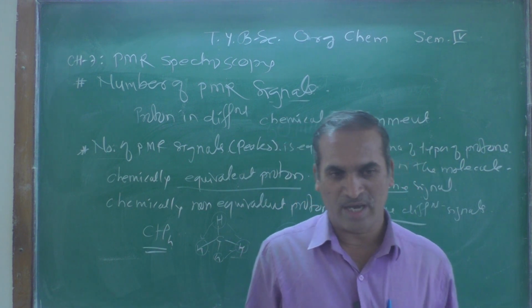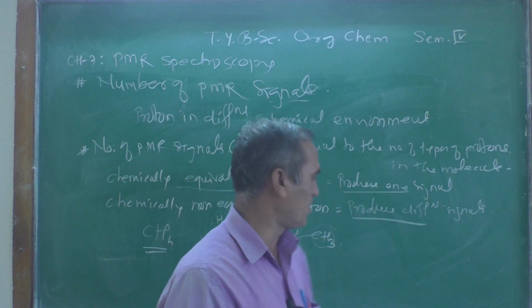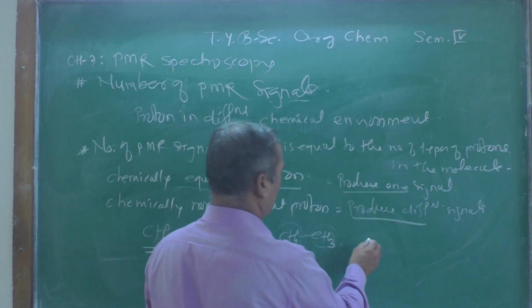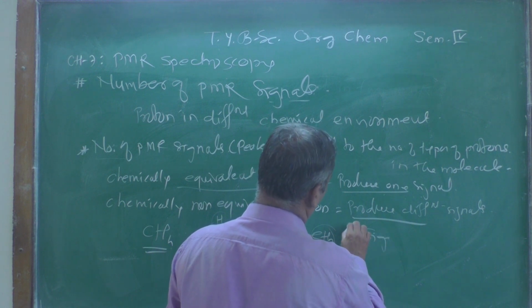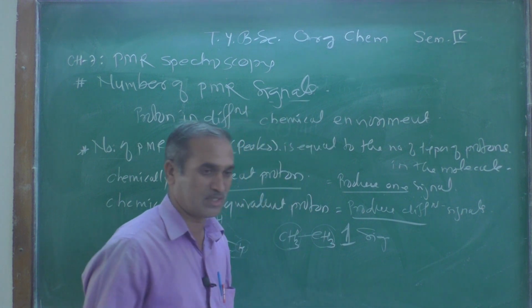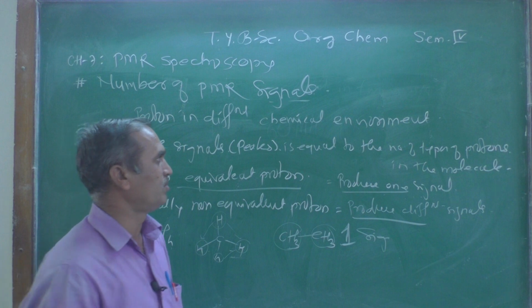As we know, chemically equivalent protons produce only one signal, and therefore the ethane molecule will produce only one PMR or NMR signal.